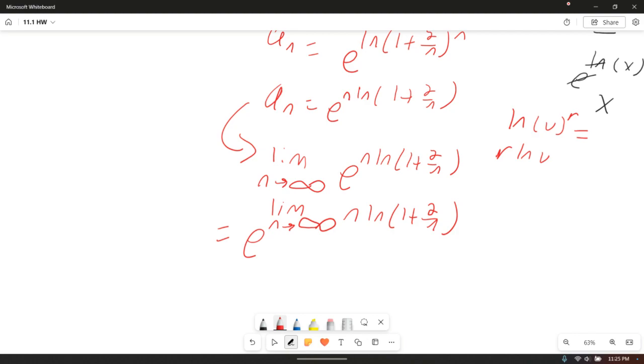If we just apply the limit directly, we would get infinity, and then 2 over n goes to 0, which is ln of 1, which is 0. So we get 0 times infinity. This is an indeterminate form where we can apply L'Hopital's rule. The only thing is that we would have to transform it into a 0 over 0 form and then apply L'Hopital's rule.